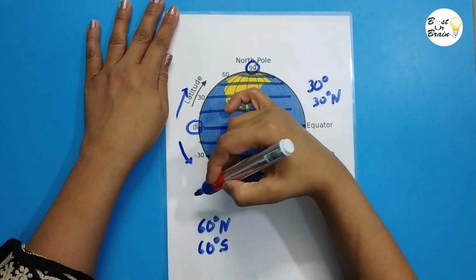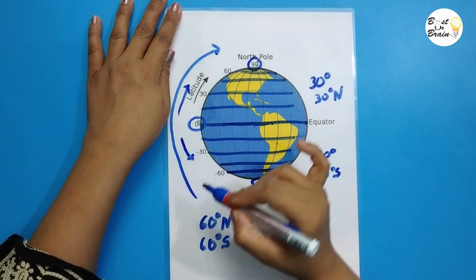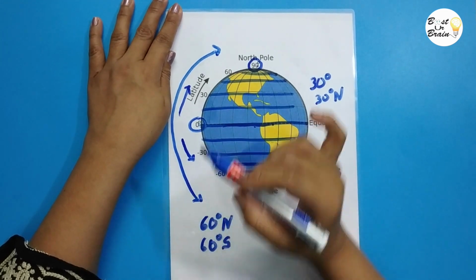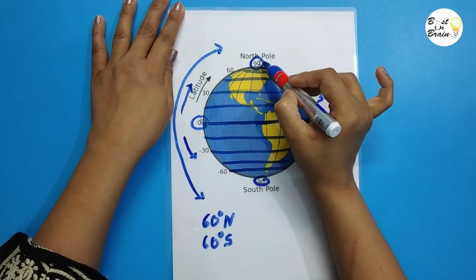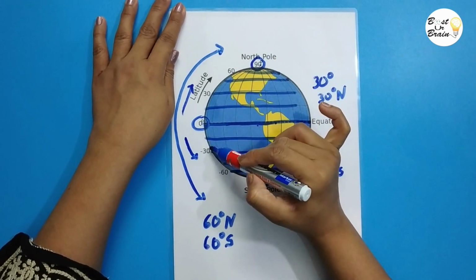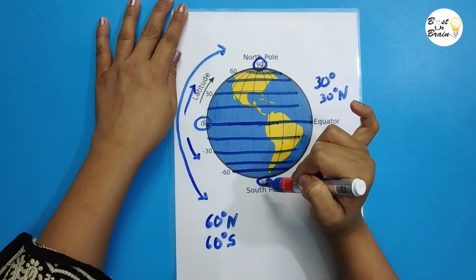There are 180 degrees of latitude in all. 90 degrees of latitude in the northern hemisphere and 90 degrees of latitude in the southern hemisphere.